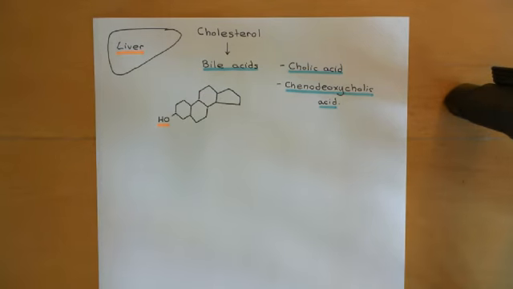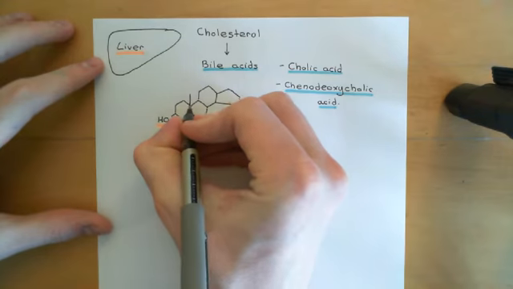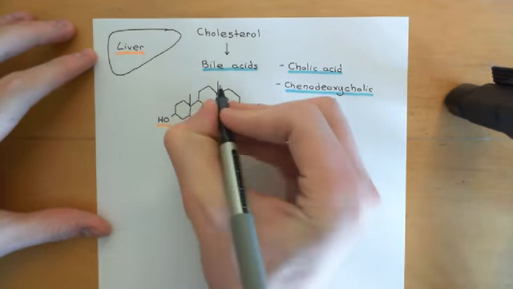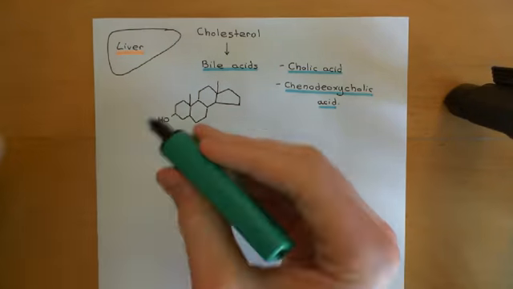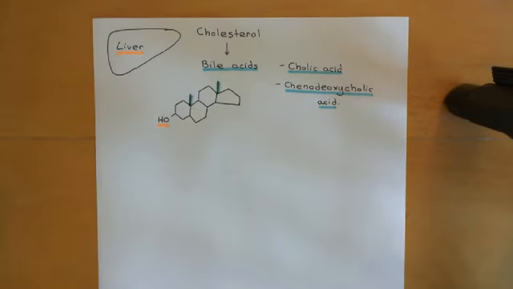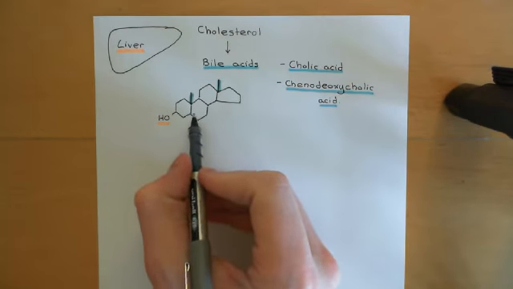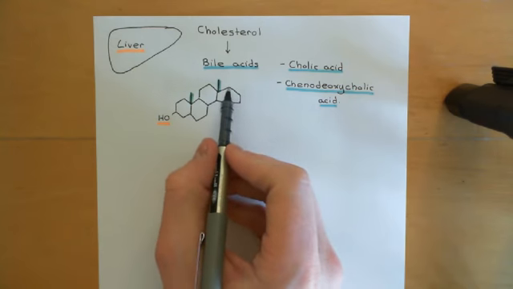Some of the structures that have not been modified are the two methyl groups that come off carbon number 10 here and carbon number 13 there. Those stay the same as in cholesterol, but we do get rid of the double bond between carbon 5 and carbon 6, and we also alter the side chain of carbon number 17 here.